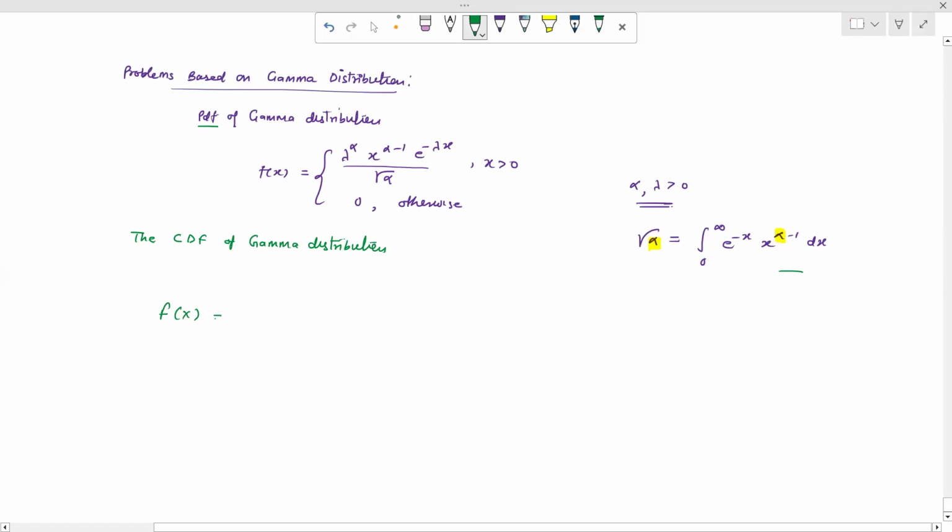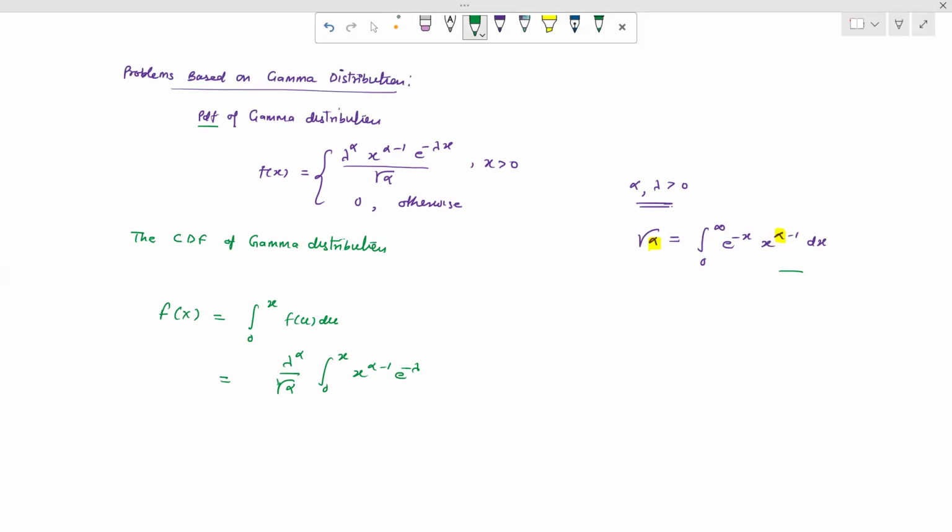Capital F(x) is equal to the integration from 0 to x of f(u) du. So this we can write down as lambda raised to the power alpha upon gamma alpha, because this is constant, and we take the integration from 0 to x of x raised to the power alpha minus 1, e raised to the power minus lambda x.